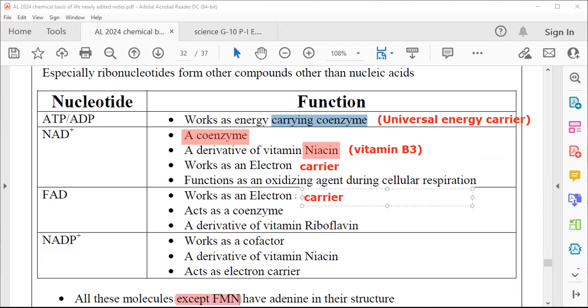What kind of molecules are they? Electron carriers. Correct those two words. They are electron carriers.